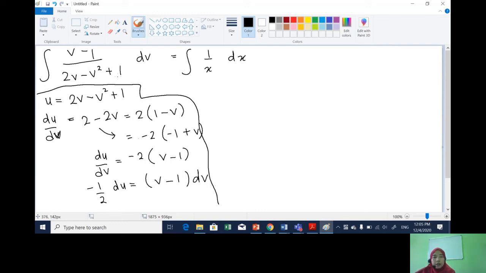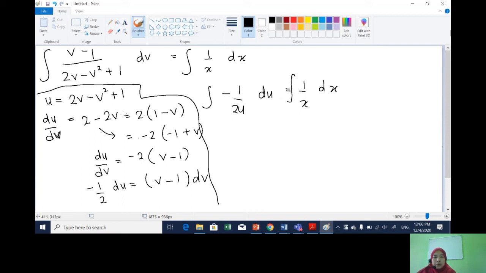For the left hand side, we use the substitution method, so the form will be transformed to one containing u and dv. It can be written as the integration of v minus 1 dv, which is negative 1 over 2 du, so here we have u, equal to 1 over x dx.